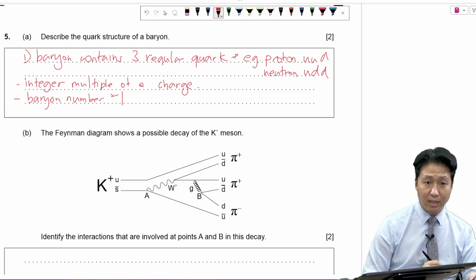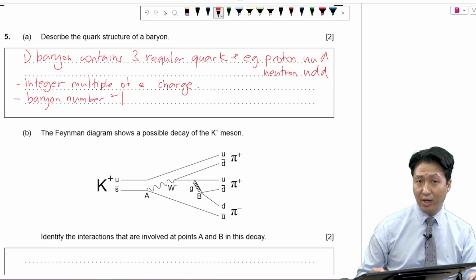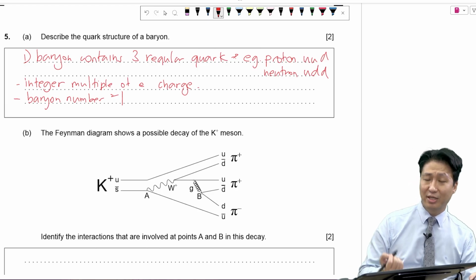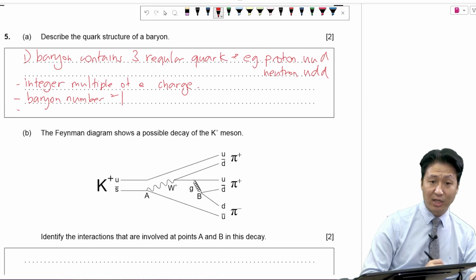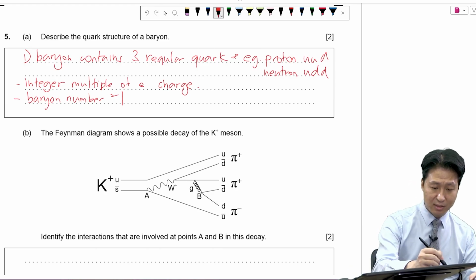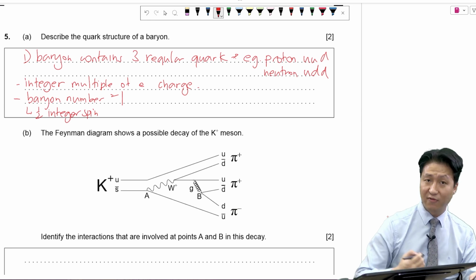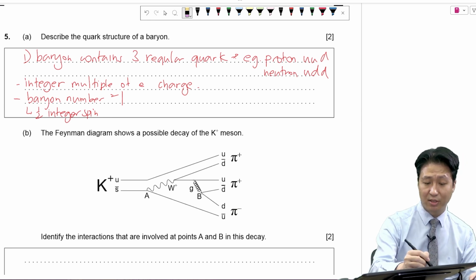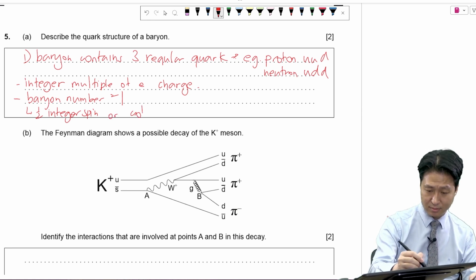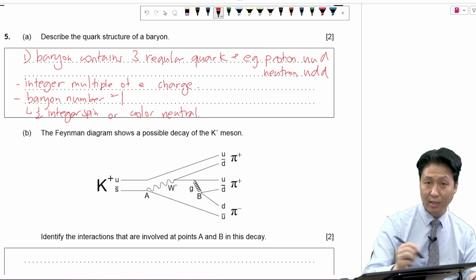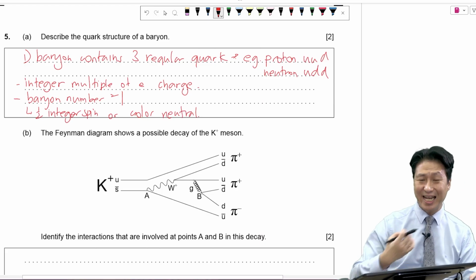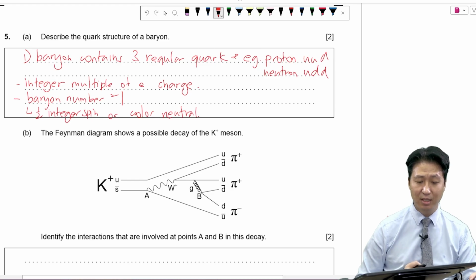Now, there's 2 other possible answers that are technically true but not taught in the IB. You can talk about the spin, or the fact that it is something called color neutral. But both of these concepts are technically not taught inside the IB.